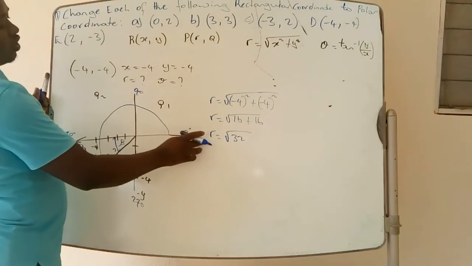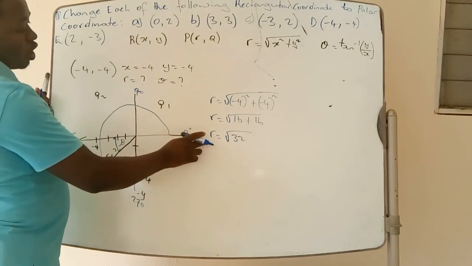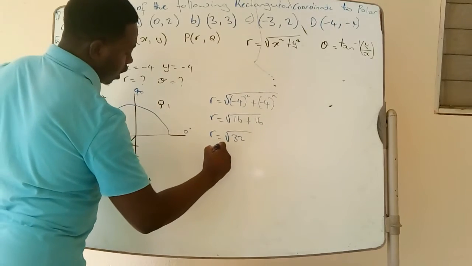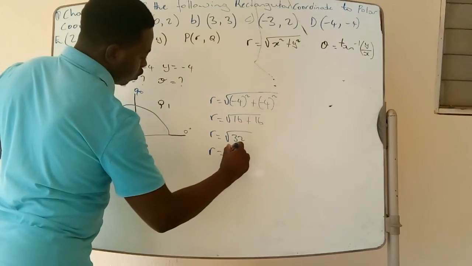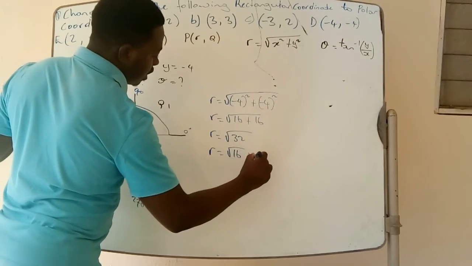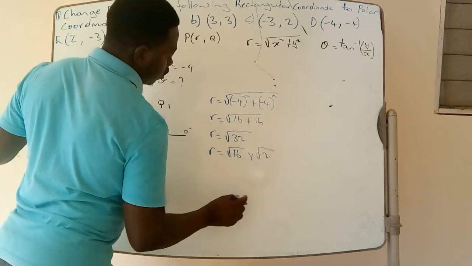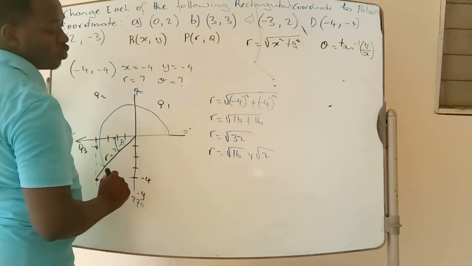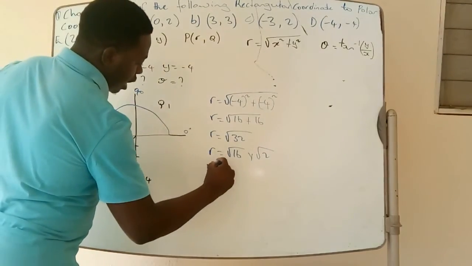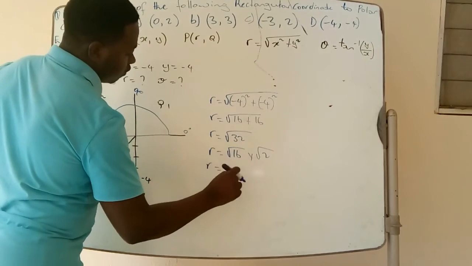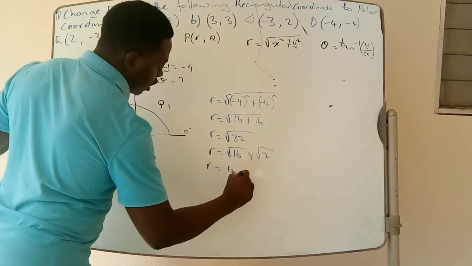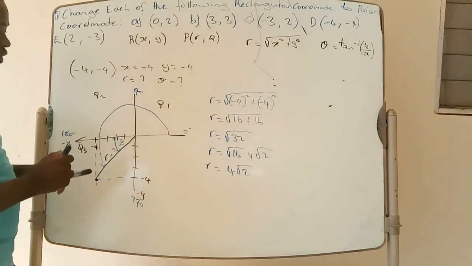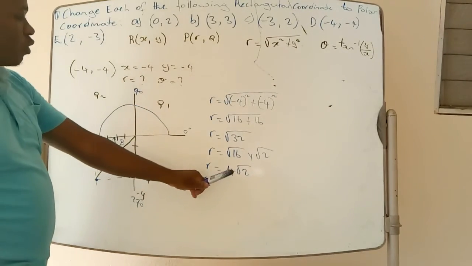I'm going to rewrite 32 as a product of a perfect square number times another number. So r is equal to the root of 16 times the root of 2, because 2 times 16 is 32. What's the root of 16? That's 4, so this is 4 root 2. So that's our r value. So r is equal to 4 root 2.